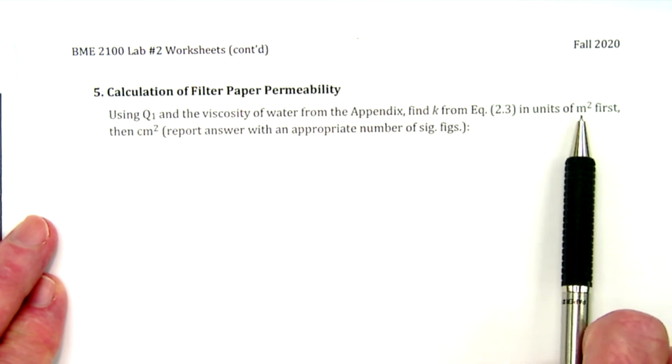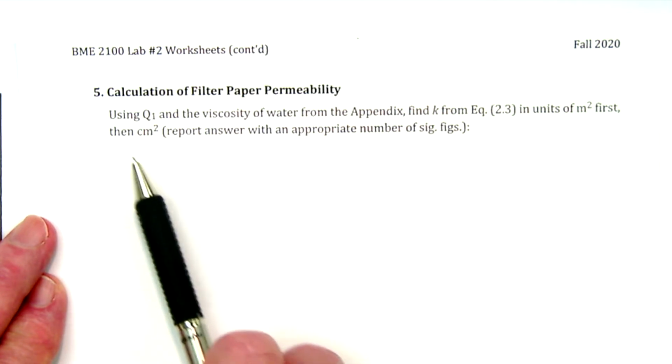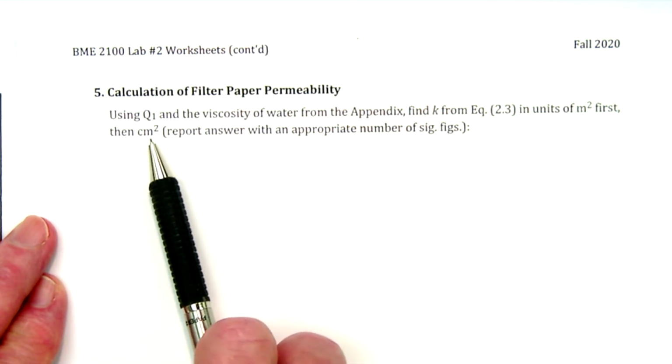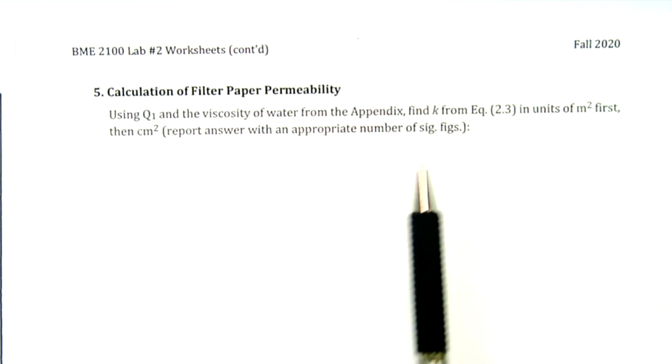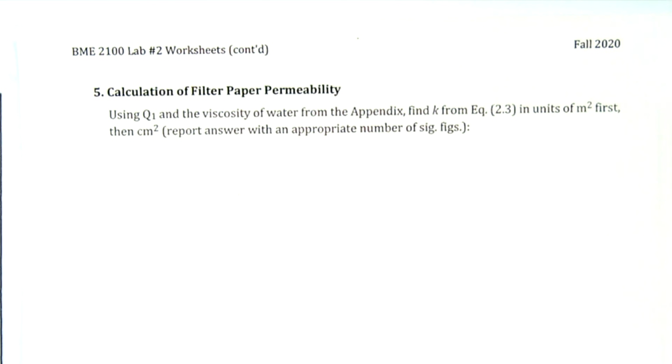That means you're going to have to convert everything to the SI system. And then once you get that, convert that back to centimeters squared, and report your answer with an appropriate number of significant figures. We'll let you decide how many you want to use.